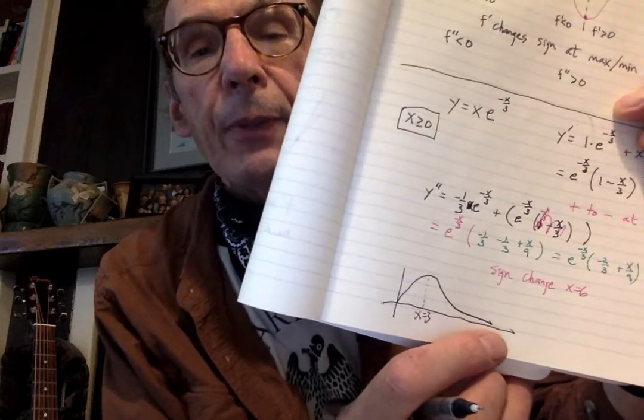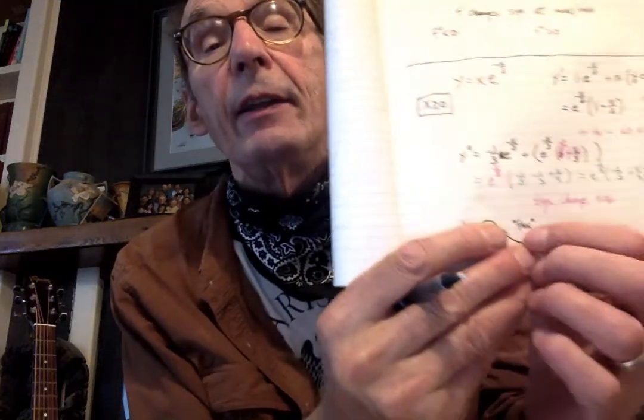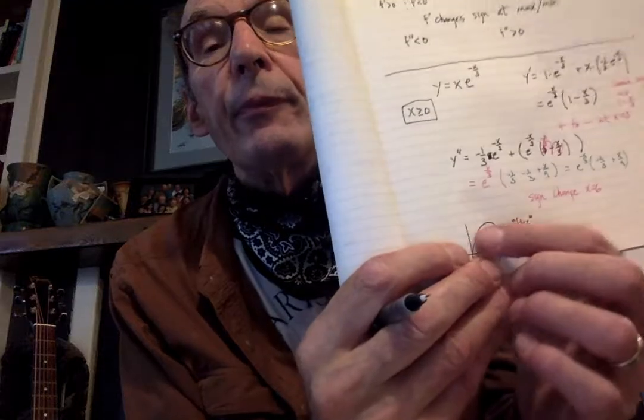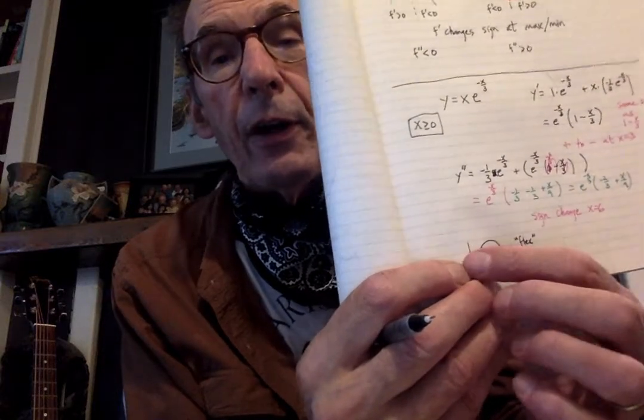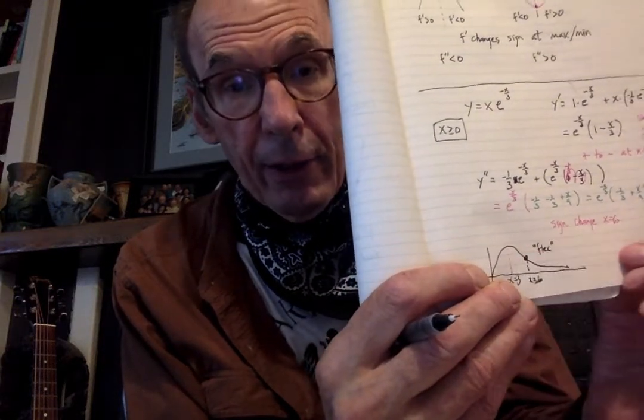There's an asymptote because the function is always positive. And then there is a change of concavity. That's called a flex. And that happens when x equals 6. And so the second derivative changes sign from negative to positive, concave down to concave up.